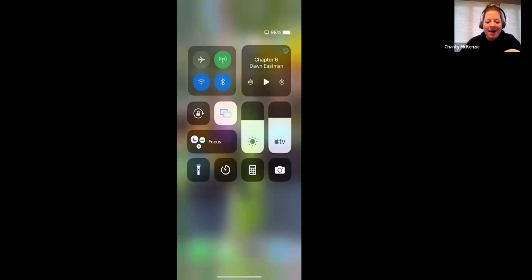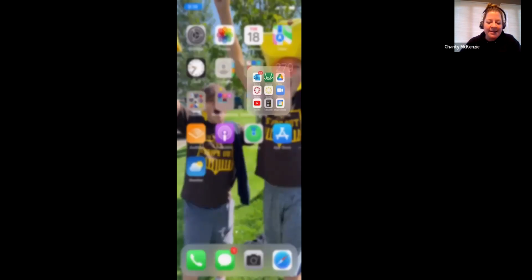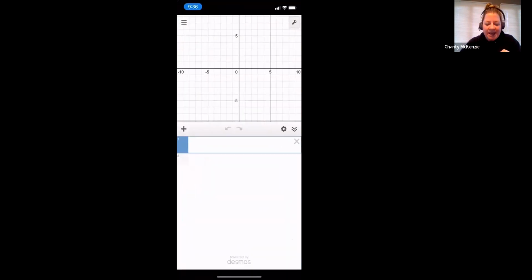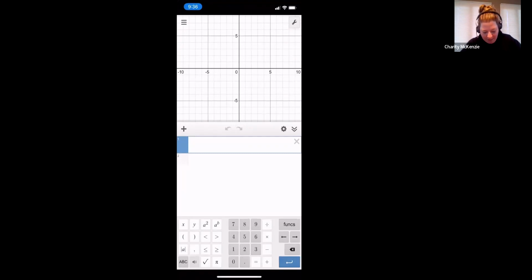Okay, so I'm on my phone and I'm here on Desmos. I would type in the graph that we had, which was, using a parenthesis, the absolute value of x minus 2, divided by x minus 2 on the bottom.